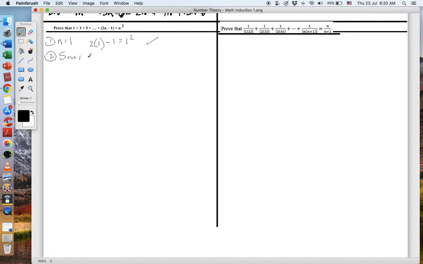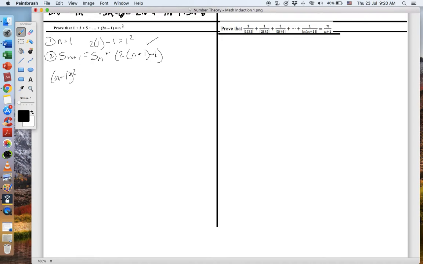And so then we can check if it holds true for n plus 1. If it does not hold true for n plus 1, then the series is false. So the series at n plus 1, we're going to take this right-hand side of the equation and substitute n plus 1 for each n.